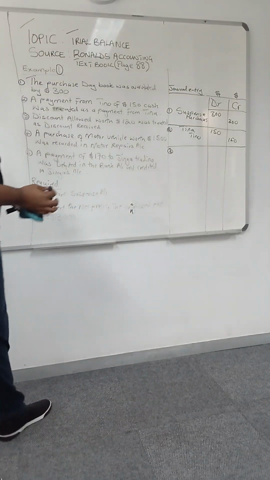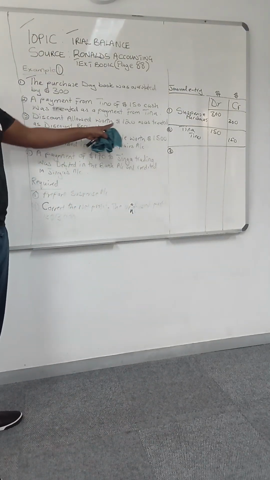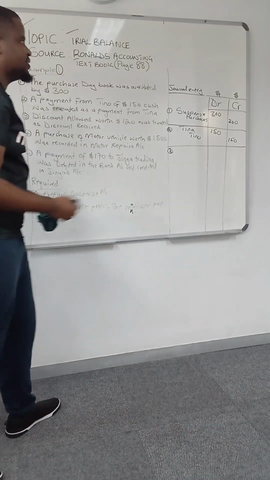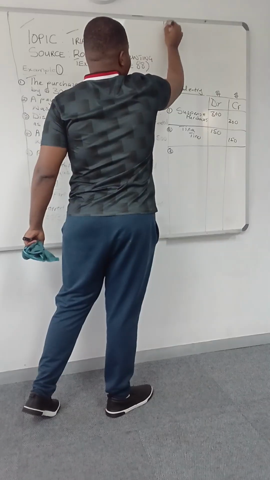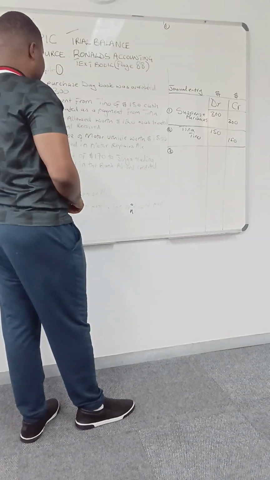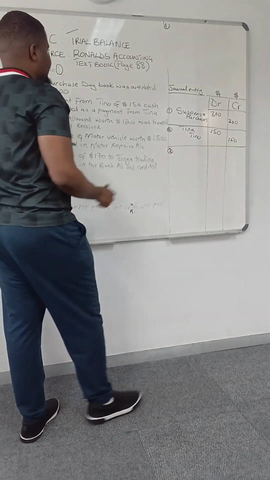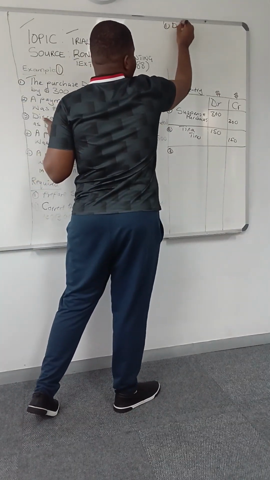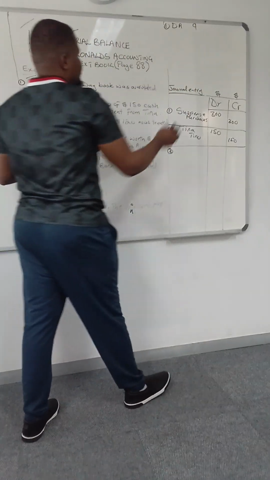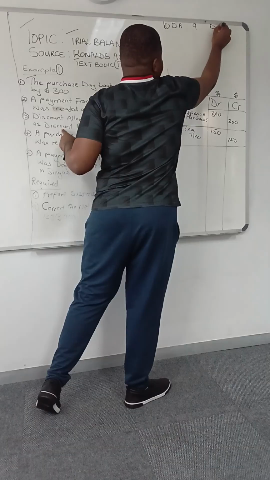Right, then number 3, discount allowed worth 120 was treated as discount received. Let's follow the steps, right? Step number 1, let's identify the two accounts involved in this transaction. So we have discount allowed and discount received.